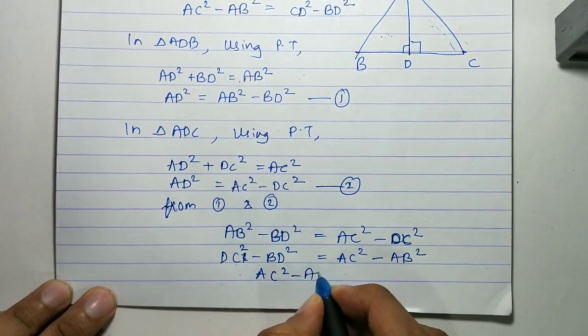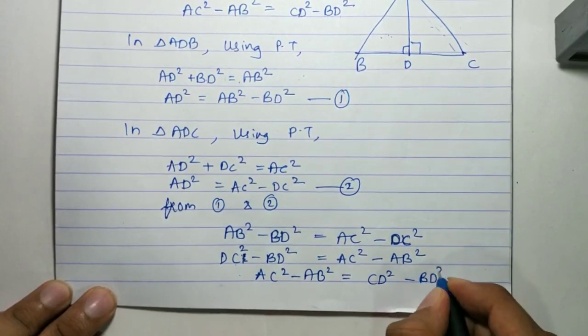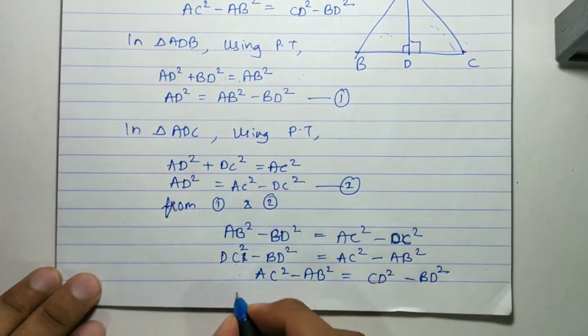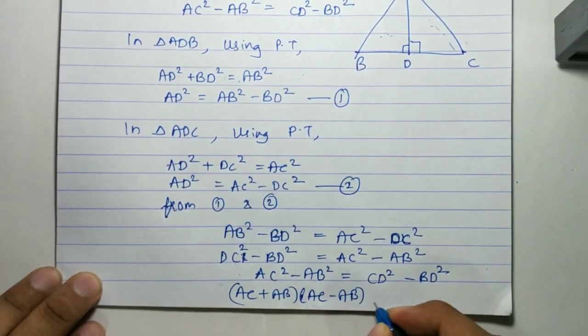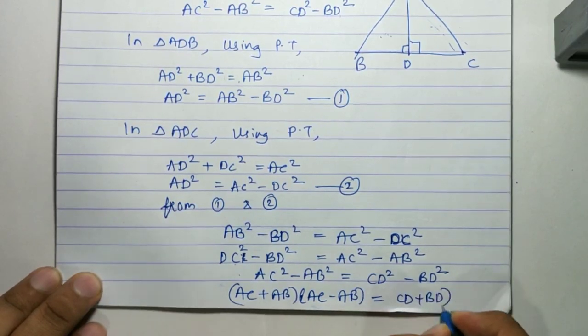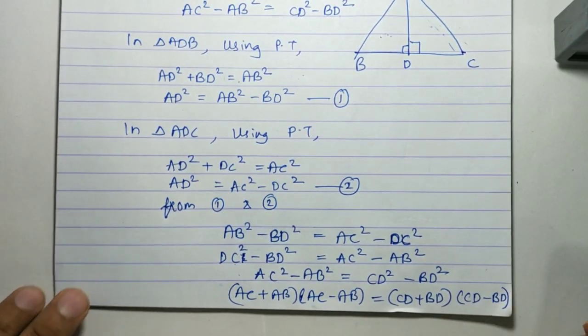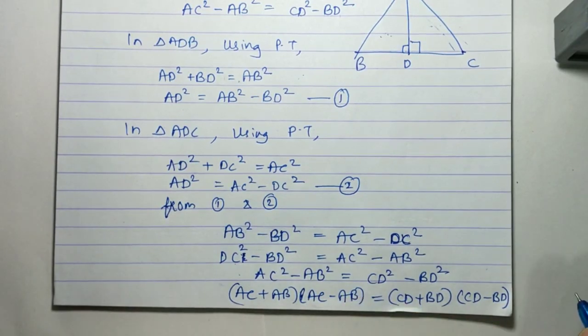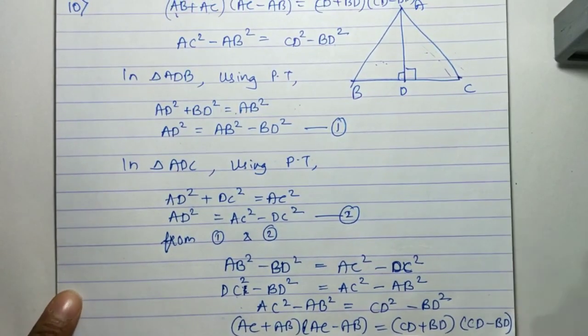AC square minus AB square equals CD square minus BD square. And this is A square minus B square, so (AC plus AB)(AC minus AB) equals (CD plus BD)(CD minus BD). Hence proved. Just write here, hence proved.